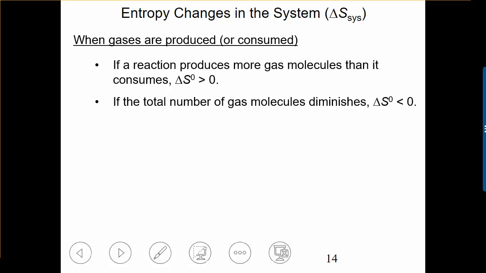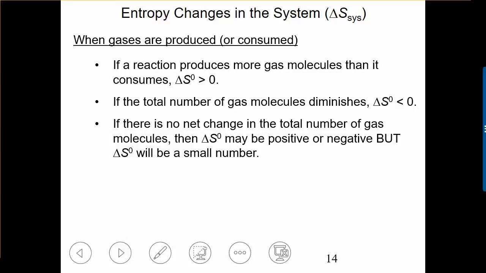If the total number of gas molecules diminishes, then it will be less than 0. If there is no net change in the total number of gas molecules, then delta S may be positive or negative, but it will be a small number, if it's close to the same amount on both sides.